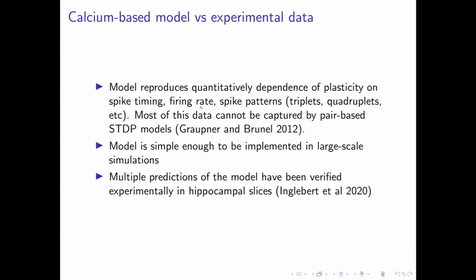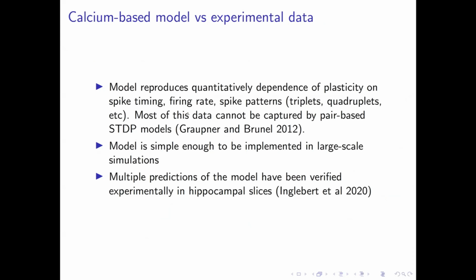So we've shown that the model can reproduce quantitatively the dependence of plasticity on spike timing, firing rate, and also different types of spike patterns like triplets, quadruplets. And I want to emphasize that most of these data cannot actually be captured even qualitatively by classic pair-based STDP rules that have been used a lot by theorists.